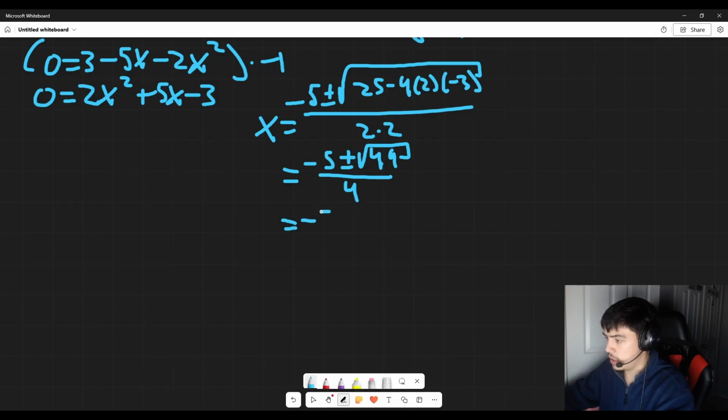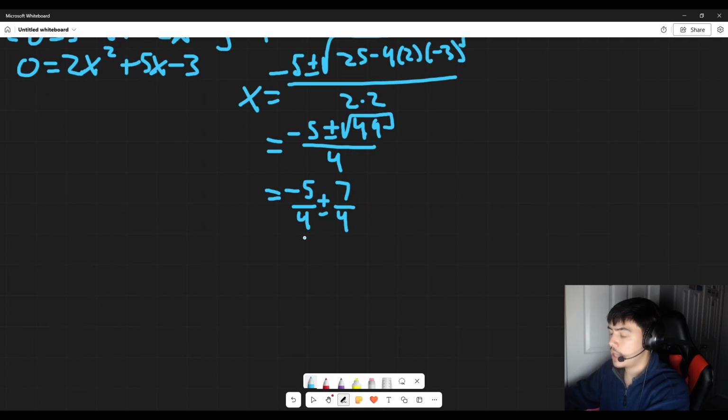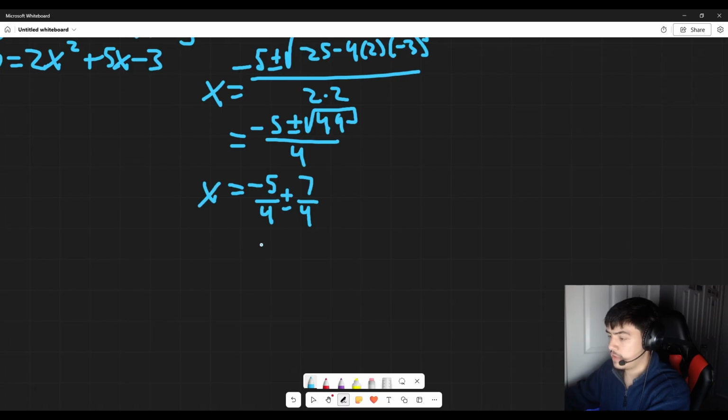So we get negative 5 over 4 plus or minus 7 over 4. Now we can go ahead and find the x values using our plus and minus. So for our first x value, we're going to do negative 5 over 4 plus 7 over 4, giving us 2 over 4, which is just 1/2.